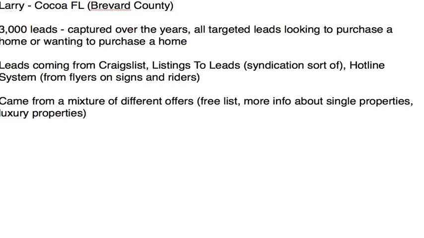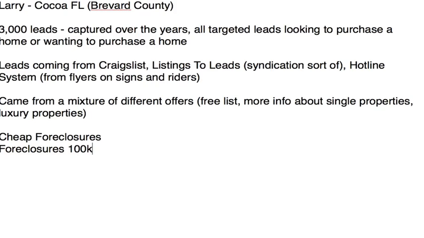If we broke down your list, there would be leads that opted in for low-end homes, let's just call them cheap foreclosures, and then middle of the road. What would be middle of the road? 100 to 300K?